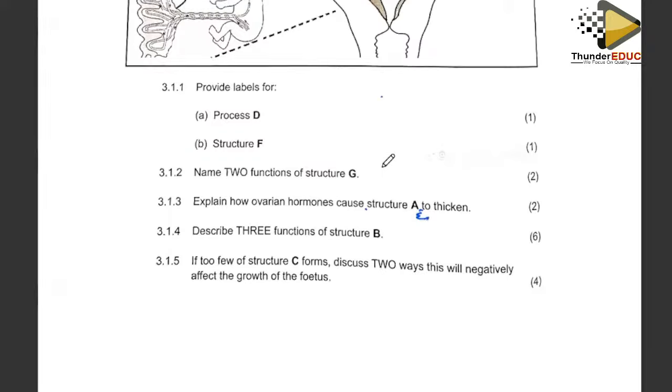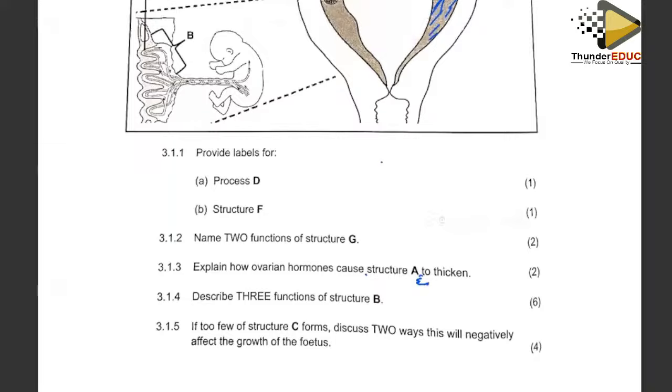So basically, they are being produced by the ovary, whereby one is the Graafian follicle, another one is the corpus luteum. So that is estrogen and progesterone. So how do the estrogen and progesterone aid? It's going to explain how the ovarian hormones cause structure A to thicken.